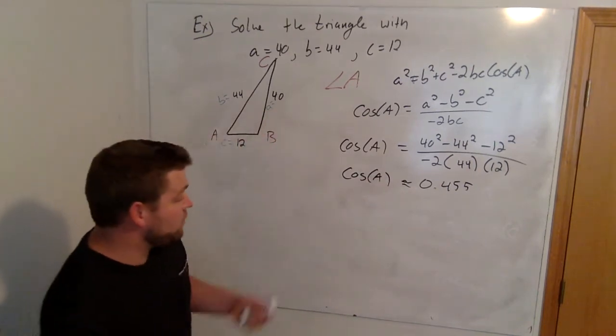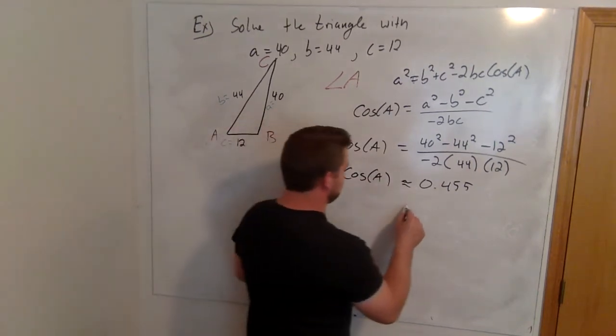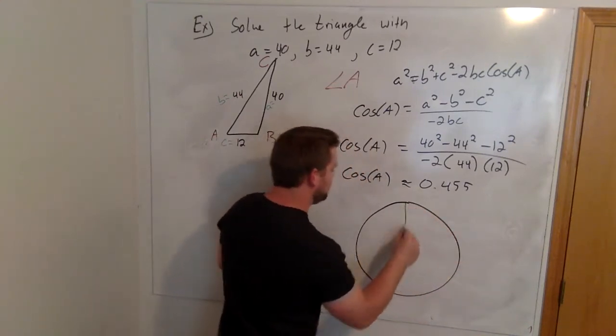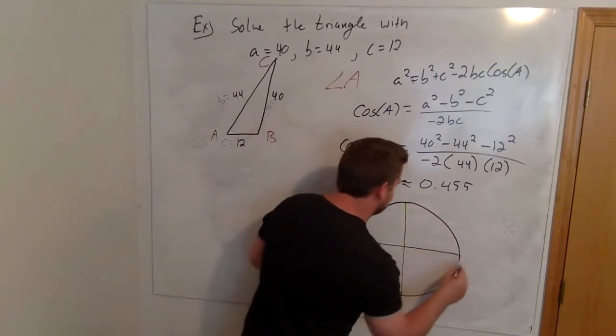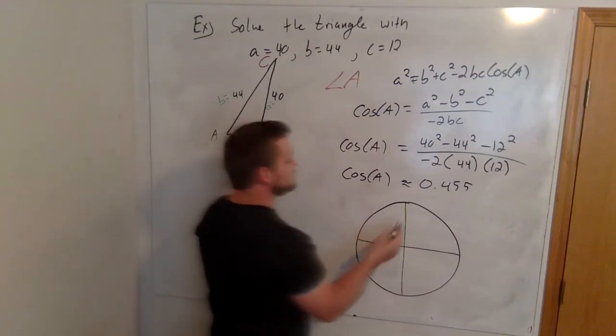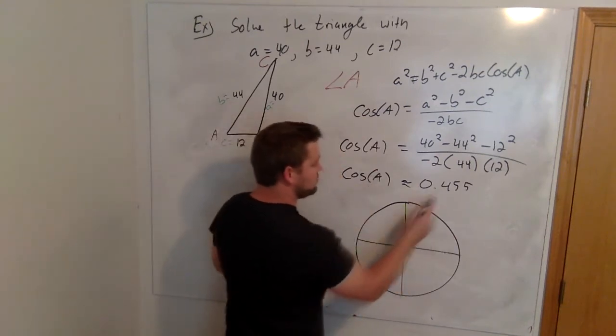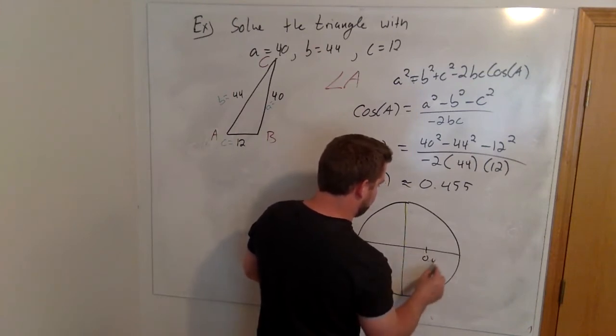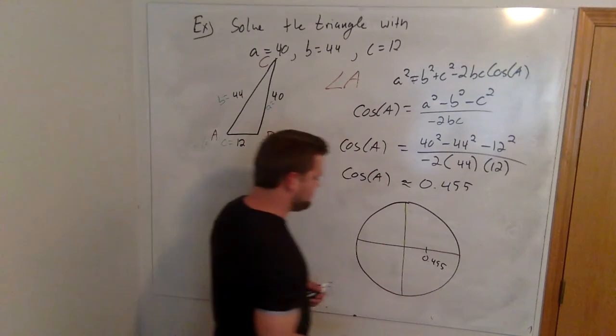Now, let's think about what this is doing. Let's draw a unit circle. What is it saying? We're looking for the angle A that gives me a width on the unit circle of 0.455. So this distance here is roughly 0.455.